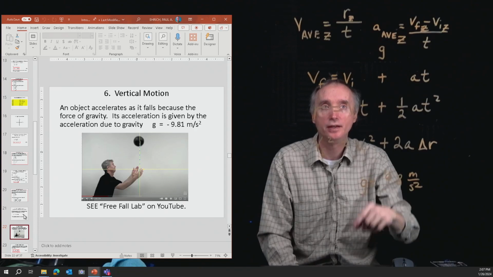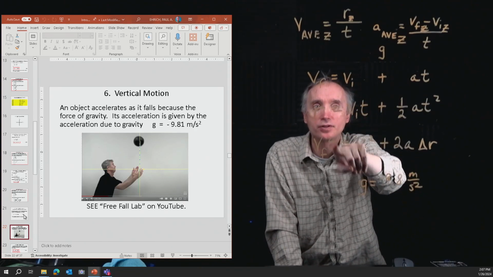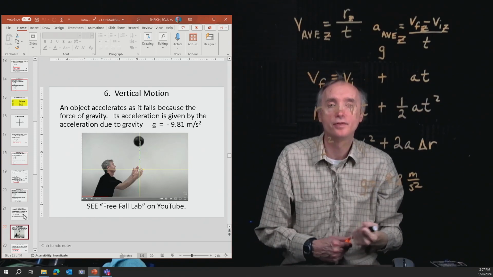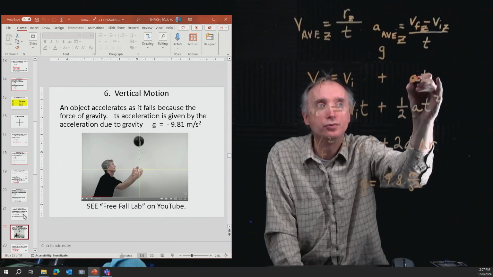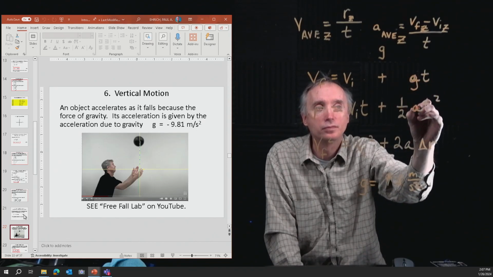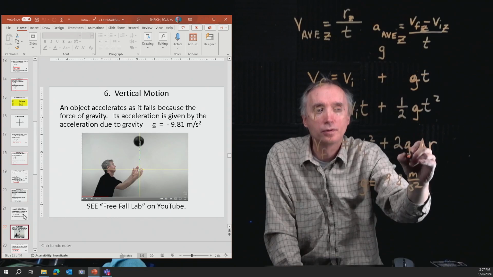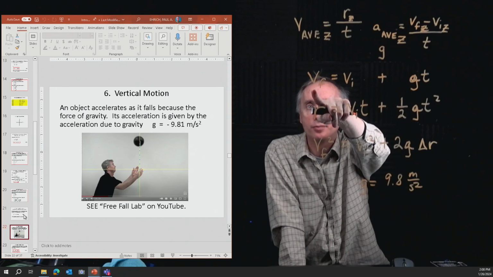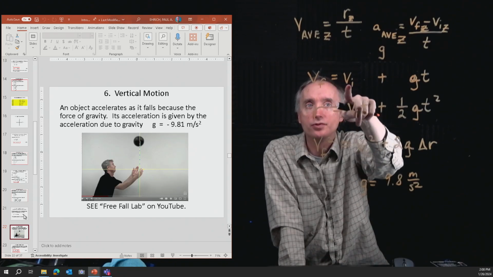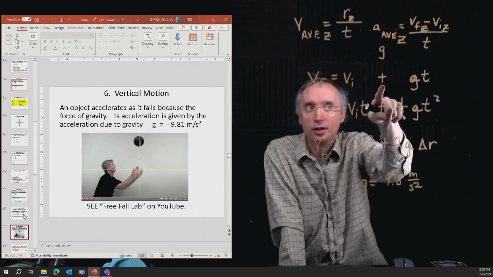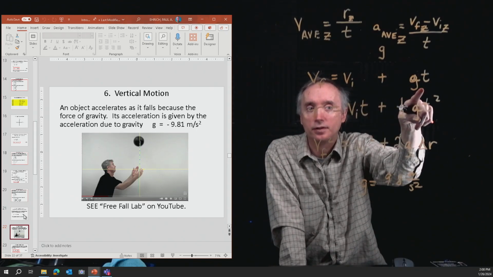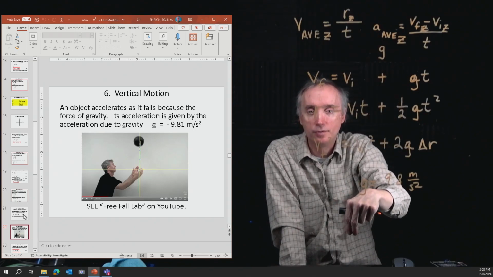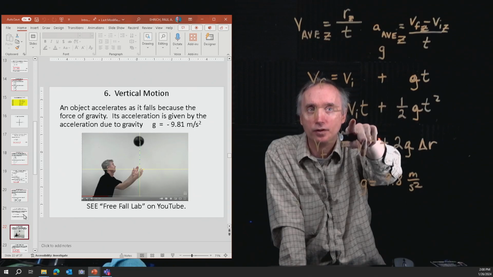So that means that in these two, or actually all three of these equations, instead of the letter A, we'll use the letter G. So that the final velocity of an object is going to be equal to its initial velocity plus the effects of gravity. Then the distance that something falls is going to be equal to what was its initial velocity.